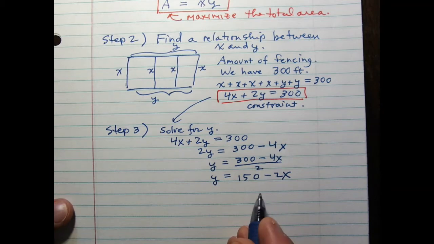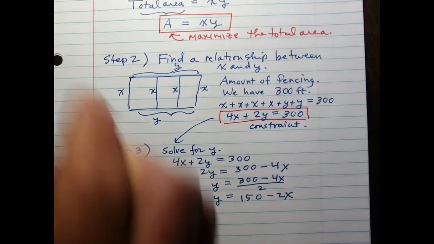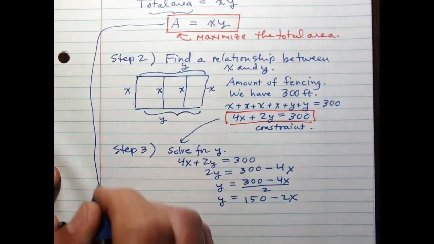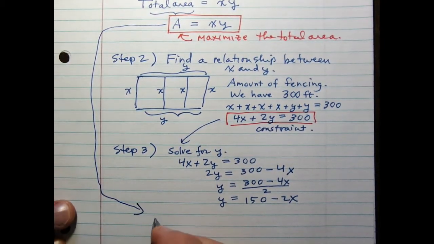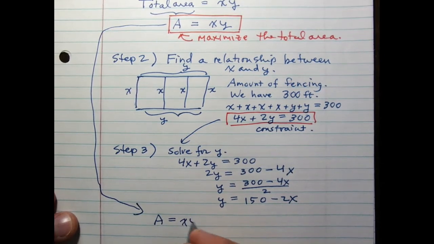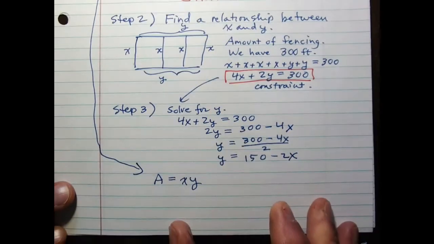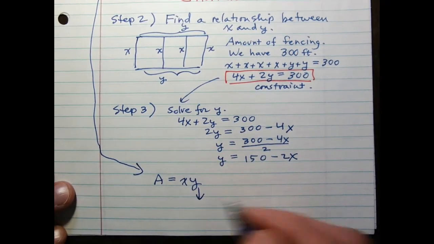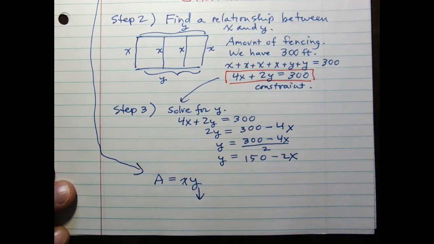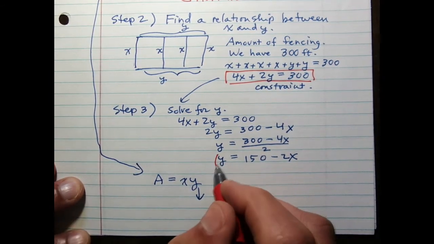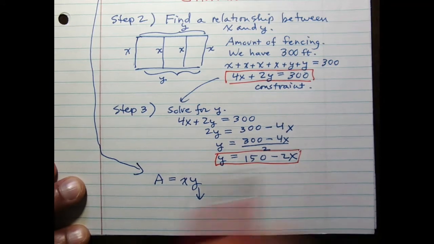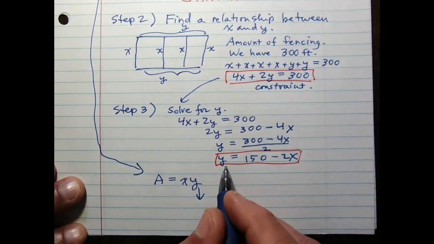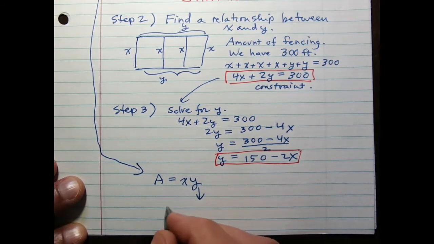Now what I want to do in step 3 is go back to my area function. So bring this down. A equals x times y. And I'm going to substitute in place of y this expression in x, because in this problem, y is always equal to 150 minus 2x.